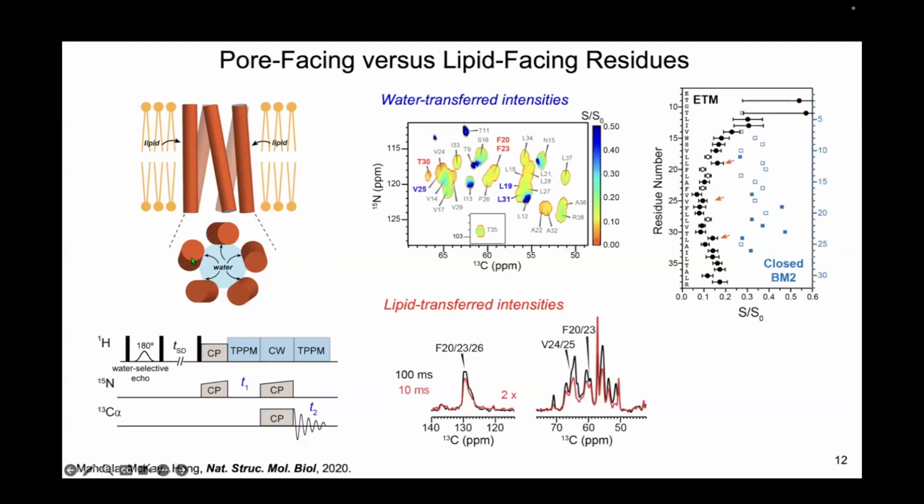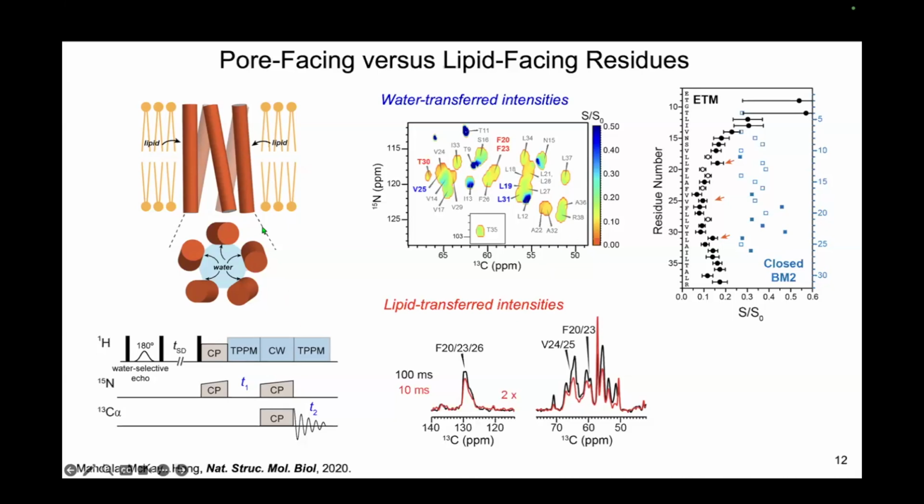In that way, we can sort out which residues are pore-facing versus lipid-facing. Here is an example of a 2D water-edited nitrogen-carbon correlation spectrum, where shown in blue are well hydrated residues with high intensity from the water magnetization, and in red are the dry residues that are lipid-facing.